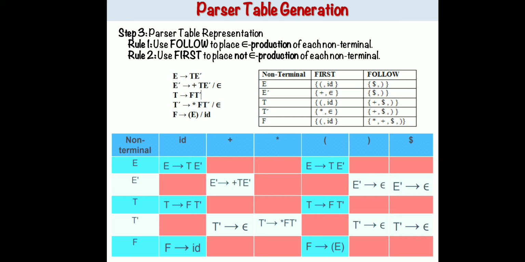We will consider the productions: if first of the non-terminal does not contain null, then we will only consider the terminals in the first function, and if it contains null, then we will consider the terminals in the follow function.